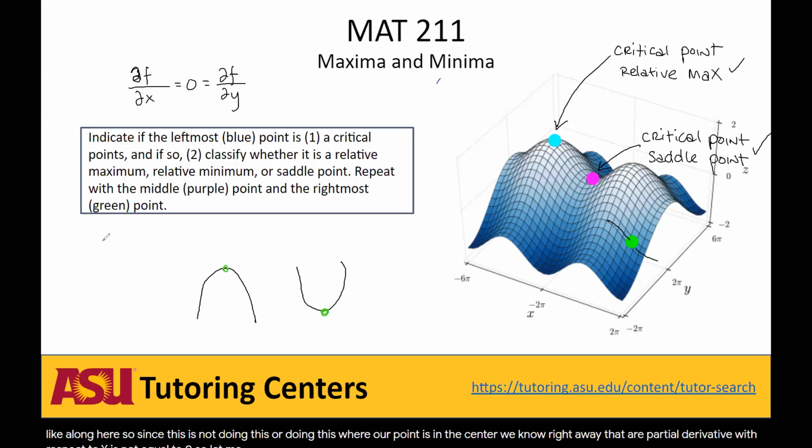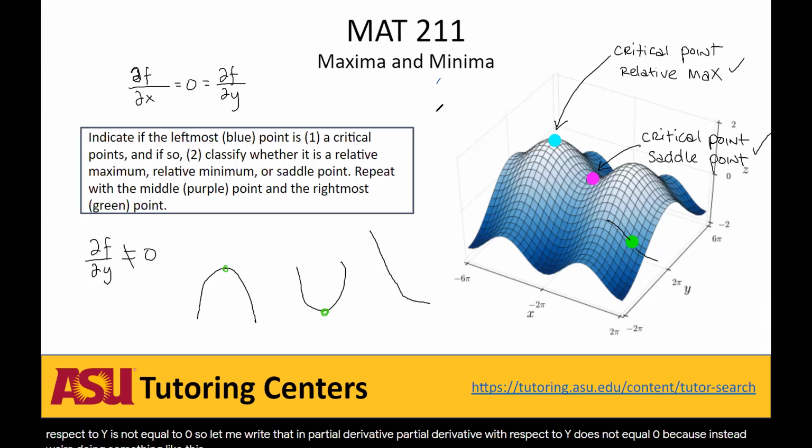So let me write that in. Our partial derivative with respect to y does not equal 0, because instead we're doing something like this with our point here. So our point's actively changing at this particular spot.